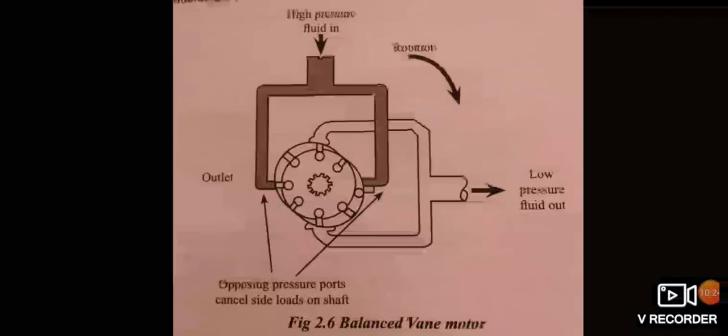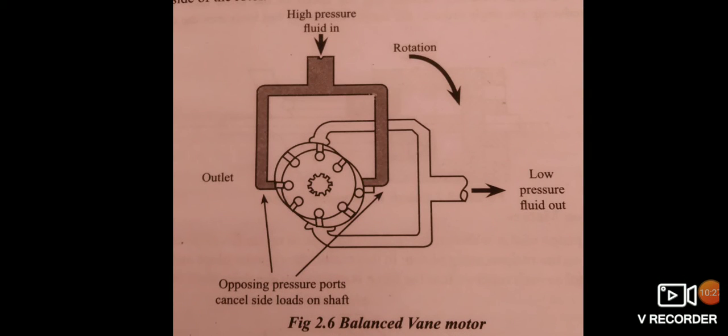Now the next one is the balanced vane motor. As the figure shows, the balanced vane motor has various parts like high pressure fluid in, the opposing pressure ports that cancel side loads on the shaft, low pressure fluid out, and the entire assembly can rotate. The radial bearing load problem is eliminated in this design by using a double load ring with diametrically opposite ports.